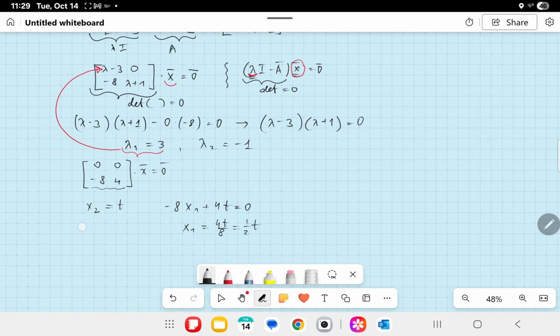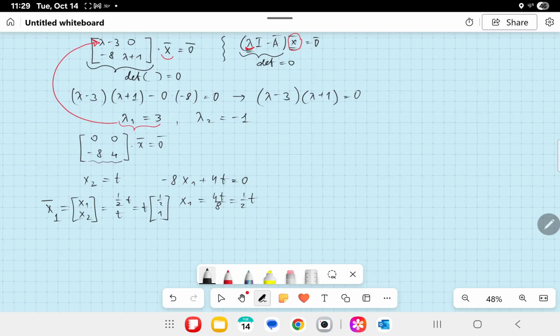And my final vector, x1, x2, is going to look like what? 1 over 2 t, t. And if I take t outside, it's going to be 1/2 and 1 over here, right? And that's going to be my first eigenvector. Guys, because t is an arbitrary constant over here, I can kind of think that it's not just t, but 2t, let's say.